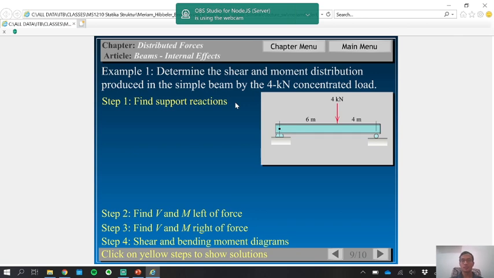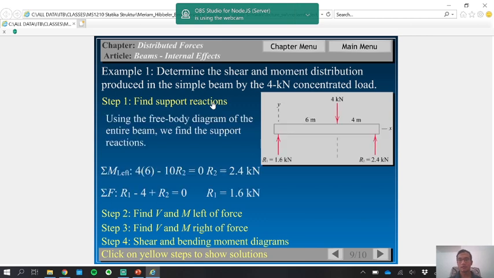As usual, whenever we try to solve the internal force and internal moment distribution, we always try to find the reactions of the supports at the beginning. This is the previous example that we talked about.